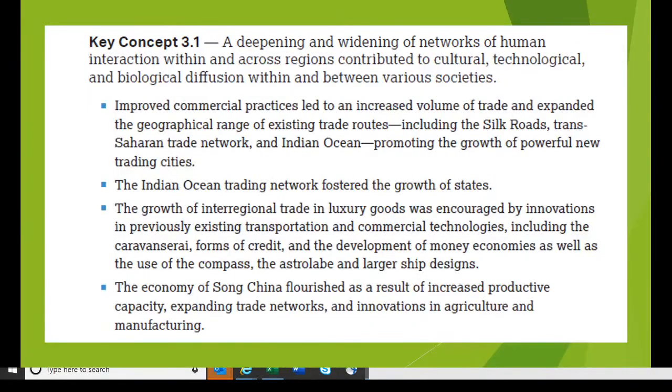All right, let's do this. Let's start with 3.1. Equals trade.